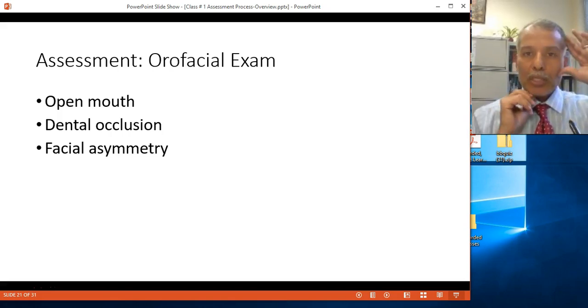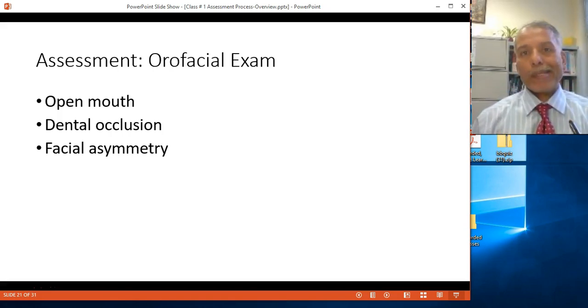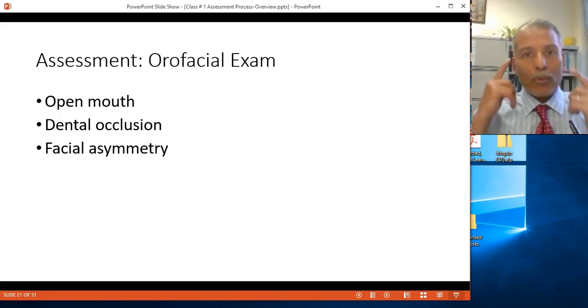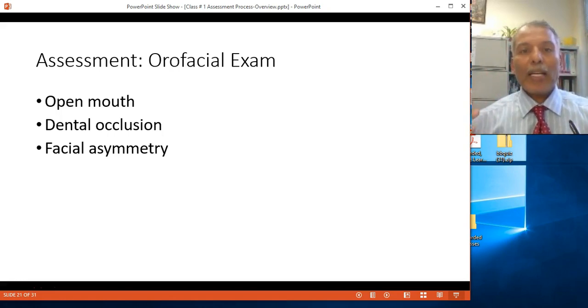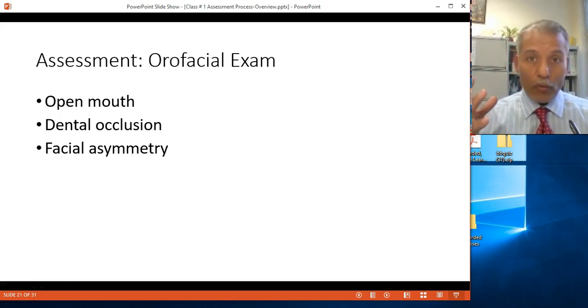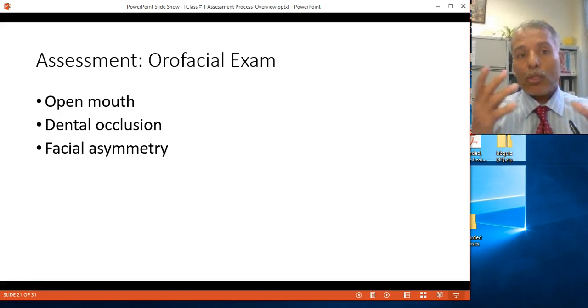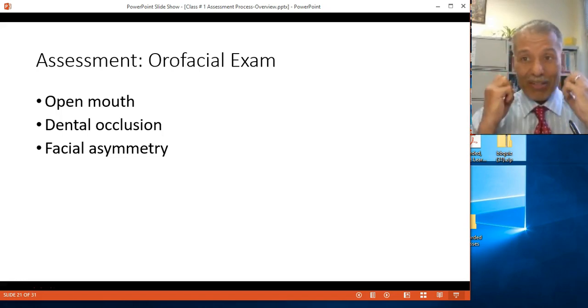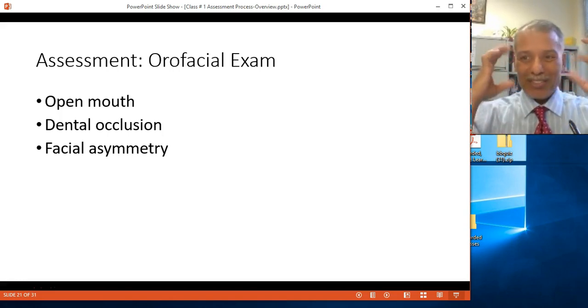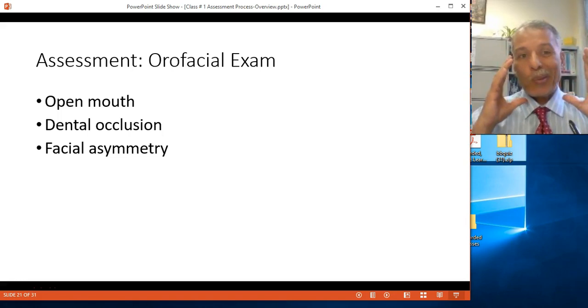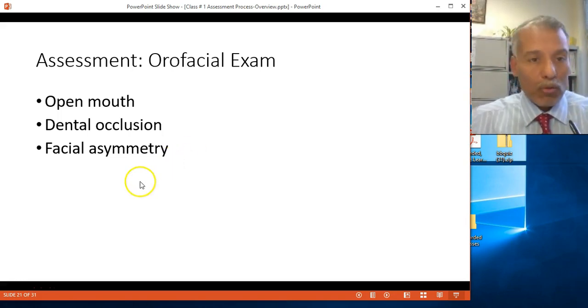That could also mean some jaw abnormalities. So look for the facial symmetry, which can give you information about the craniofacial structures and also the muscular, because when they smile, they have to have equal contractions, bilaterally symmetrical. If they don't, then that could point to a neurological problem.